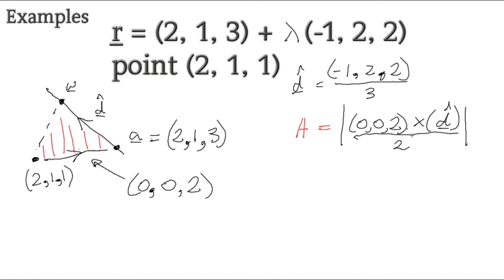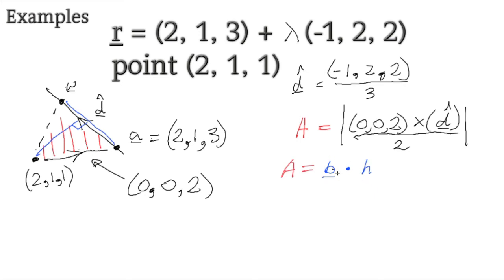So with this, if we take the modulus, we get the magnitude of the area, and with that we can use the typical equation for the area of a triangle, which is base times height perpendicular, divided by 2. So we can also say that area is equal to base times height.